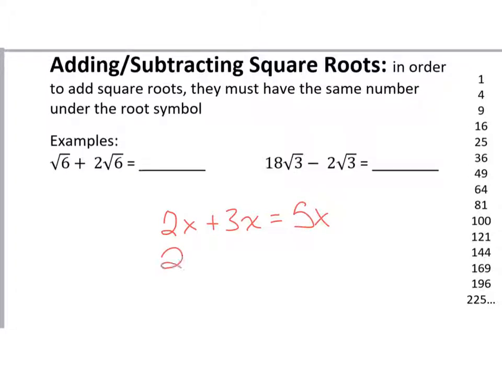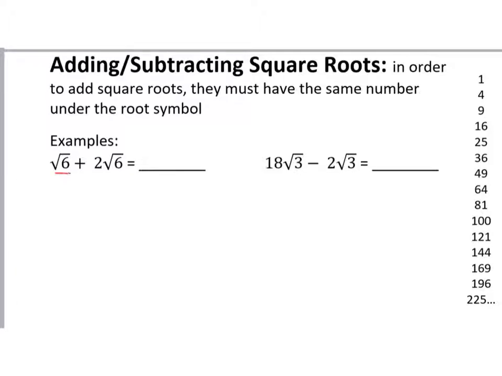But if I had 2x plus 3y, could we do that? No, okay? So it works the same way when we do square roots. They have to be the same square root in order to be able to combine them.